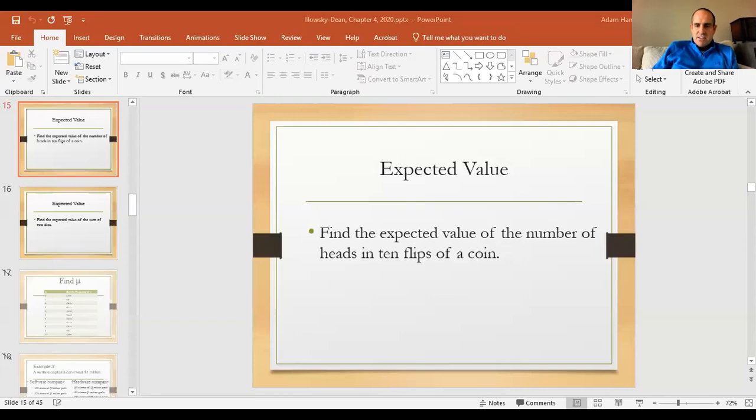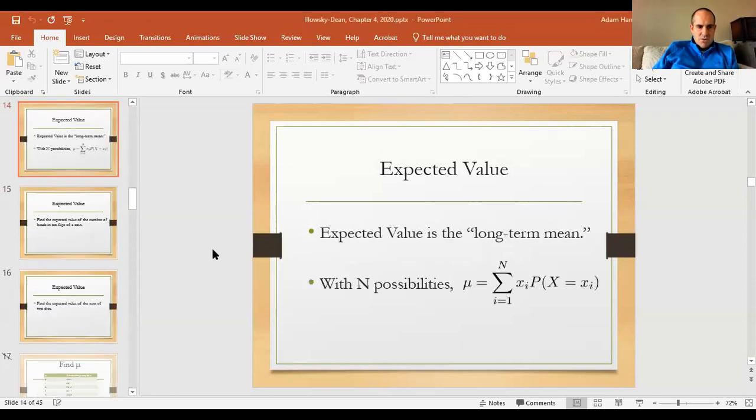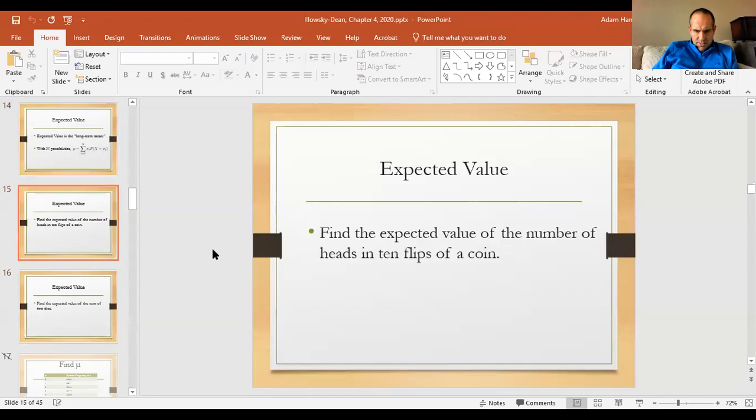Okay. So find the expected value of the number of heads in 10 flips of the coin. Okay. Expected value. Now remember, the expected value. Oh, sorry. Excuse me. That's what we ended with last time. Okay. We did that problem in a lot of detail.